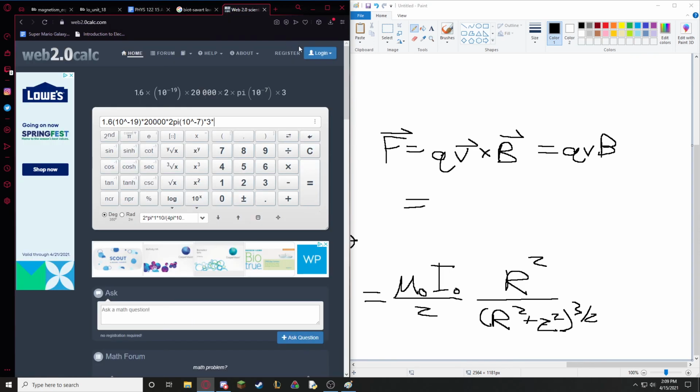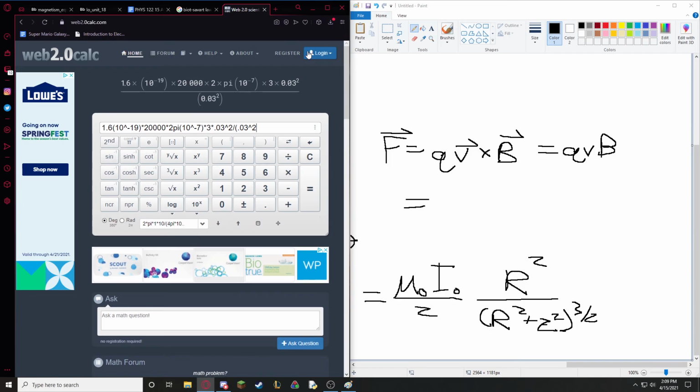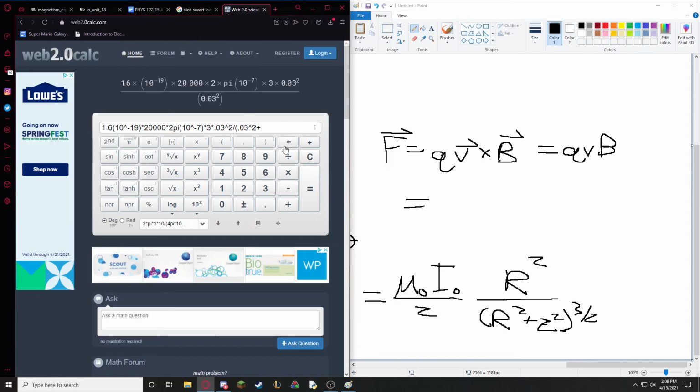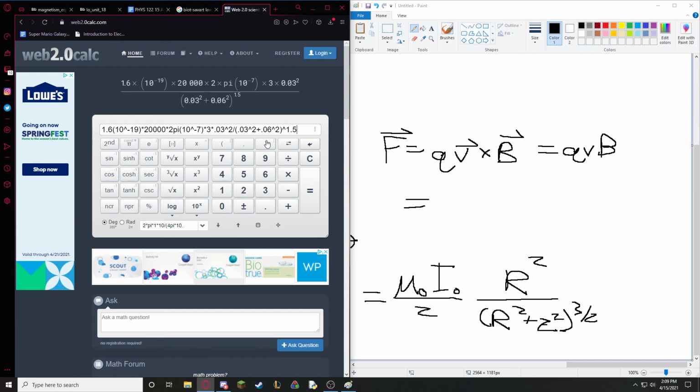Our radius is 3 centimeters. 0.03 squared divided by our radius, once again squared, 0.03 squared, plus z squared. Our location along the z-axis is 6 centimeters, so 0.06 squared, to the 3/2.